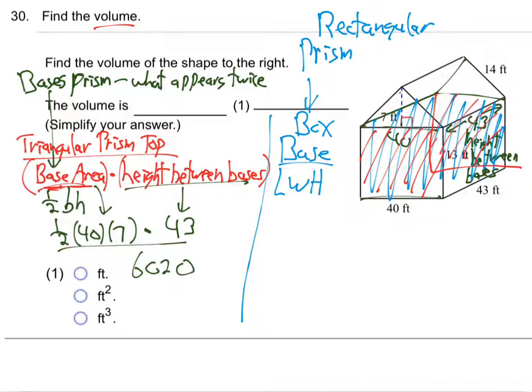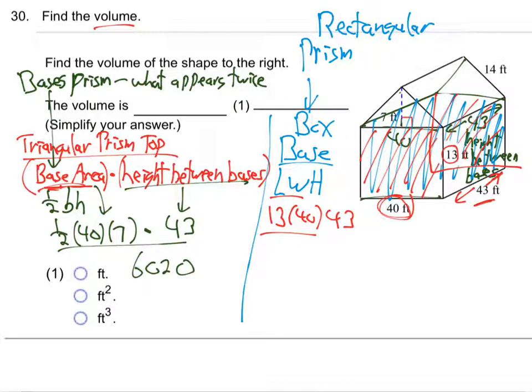And then 43 is the distance between them. So it's length times width. That's the rectangle in the front. So that's going to be 13, if you can still see that here. I've scribbled so much on this thing. It's 13 by 40, because that's the base on the front, times the height between the bases, 43.